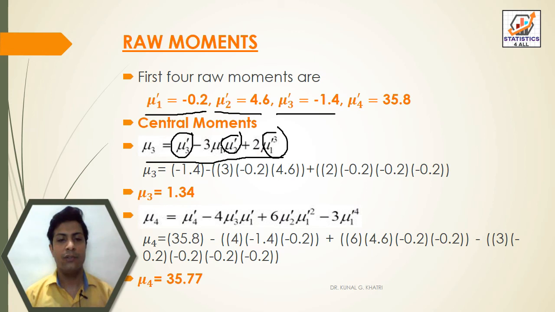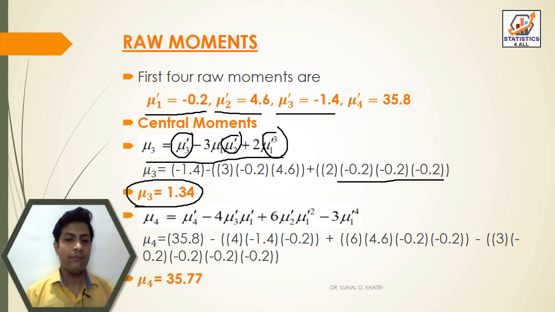So minus 1.4 minus 3 into minus 0.2 into 4.6 plus 2 into (minus 0.2) cube. After solving this, we get value mu 3 is equal to 1.34.